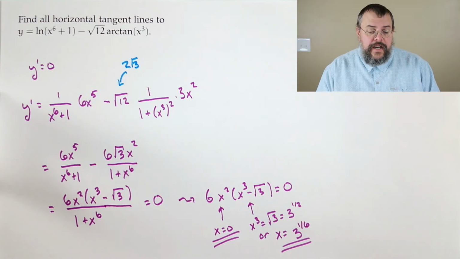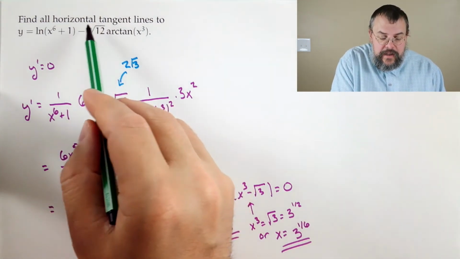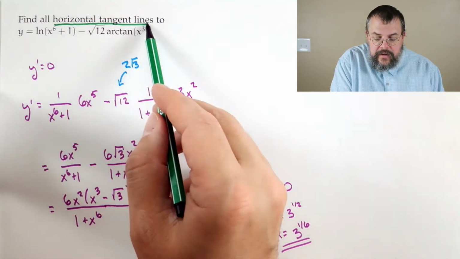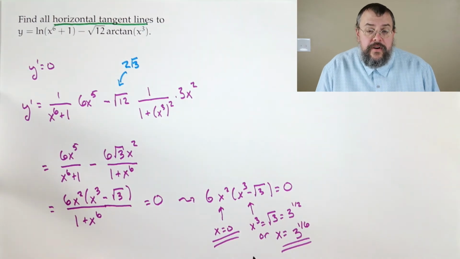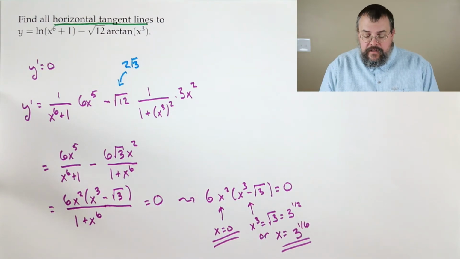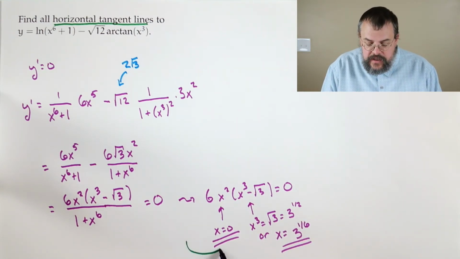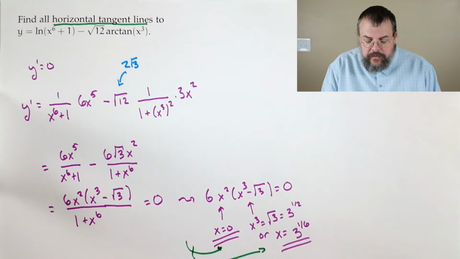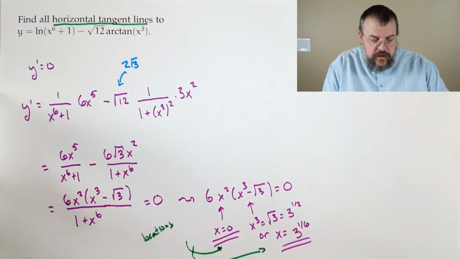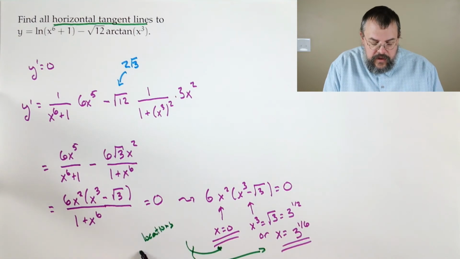We're asked to find the tangent lines. See, specifically, find the tangent lines. What have we found? Are these tangent lines? The answer is no, they are not. What we found is these are the locations of where the tangent points are. So locations of the tangent lines.